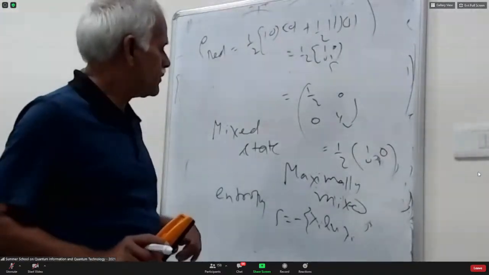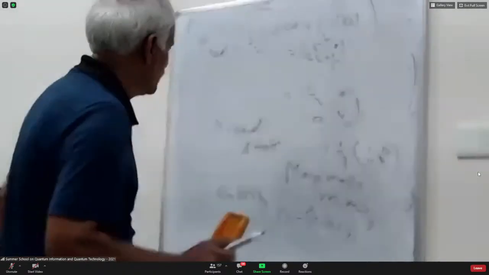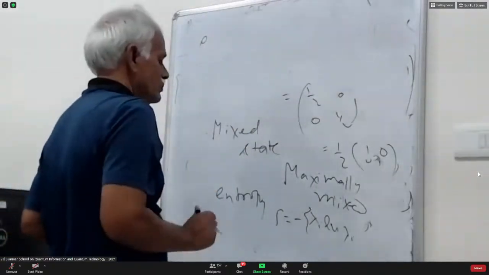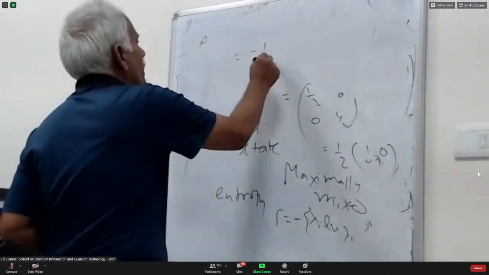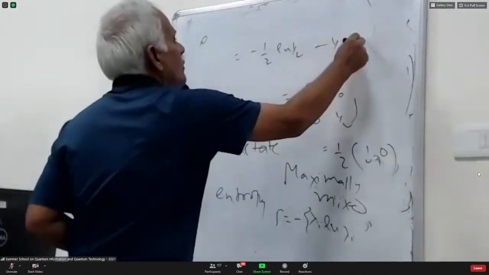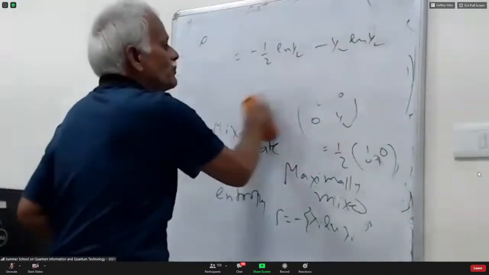So what are the lambdas? Lambda 1 is half, lambda 2 is half. So the entropy is minus 1 half log 1 half minus 1 half log 1 half. That is my entropy.